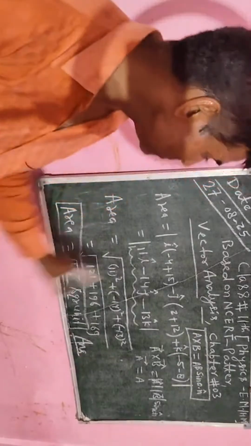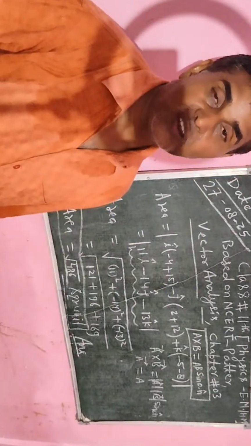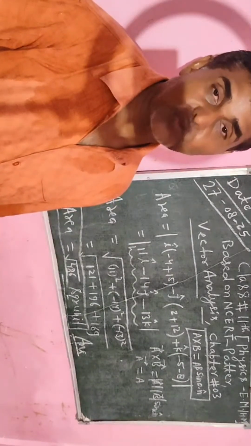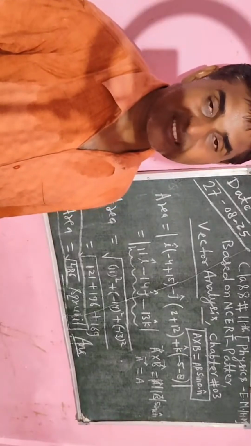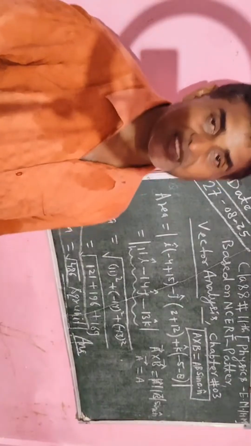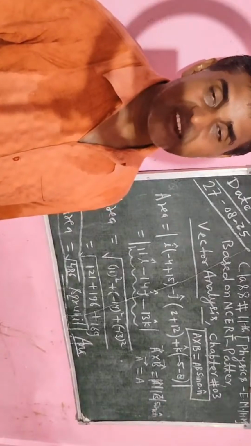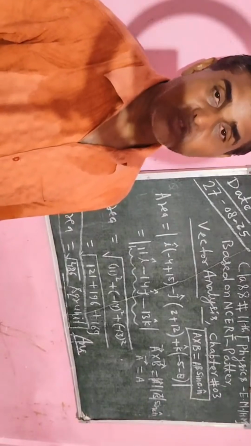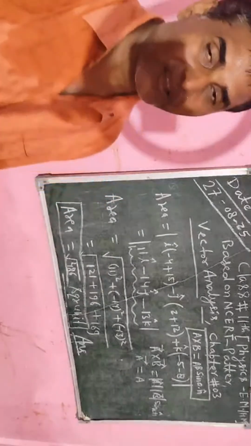So I have to remember, in the case of the scalar product, the same vectors will have one value, but different vectors will have different values. In the cross product, if I take i and j vectors, I will get another vector k, and in the second case I will take one vector as j and the other vector as k, so I will take its cross product, and its value will be vector i.